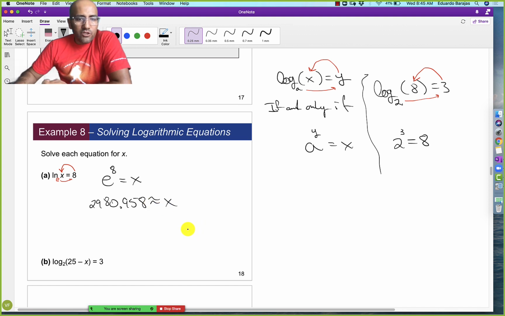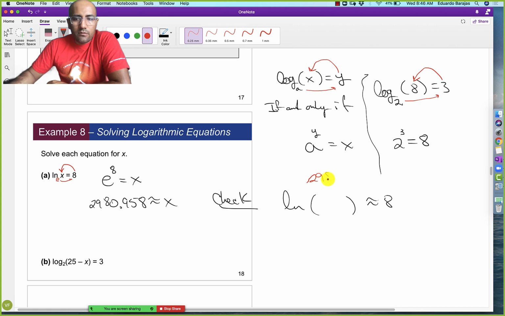Good. And you can check it to make sure. Well, if it works, it must be the value such that ln of that number is approximately equal to 8. Right? So we can check it by plugging in that number right into here, going back to the original equation.